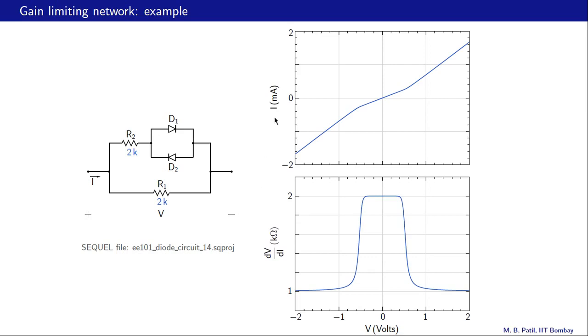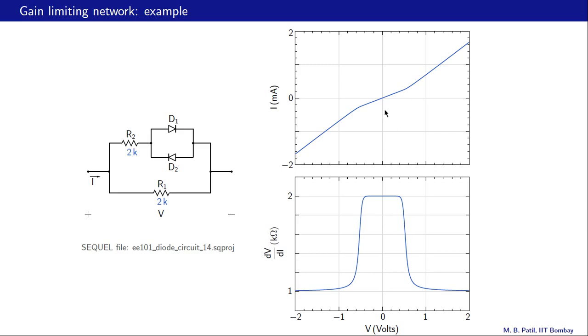Here is the I versus V relationship, the top plot. Now if we look at this central region, that is where the diodes are not conducting, and the only resistance then is R1, and that slope is 1 over R1. Remember that we are plotting I versus V, so the slope will have units of conductance.